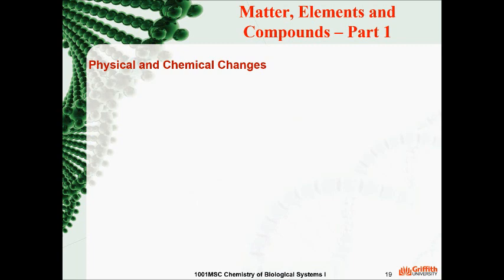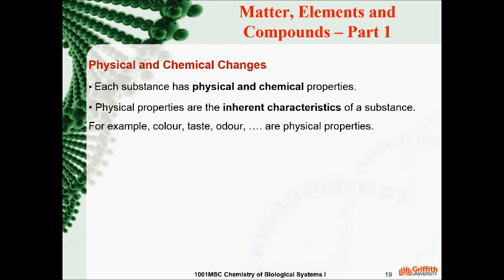How can we differentiate between physical and chemical change? To do that, you need to look at the properties of substances. Each substance has a set of properties that form the characteristic of that substance. Properties are classified as either physical or chemical. Physical properties are the inherent characteristics of the substance that can be determined without altering its composition.